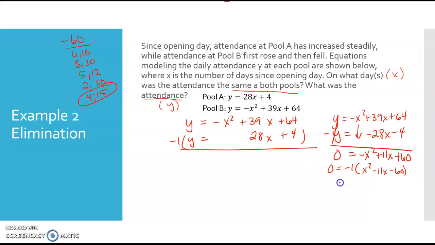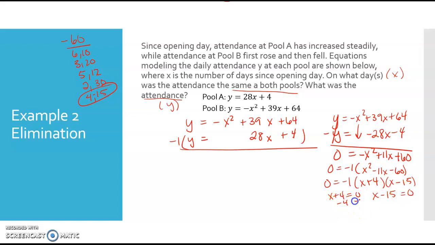Because it is a 1 in front, right now I still have that -1 times. When I put my two sets of parentheses here, I am going to make this x plus 4 and x minus 15. And then we just need to finish solving. So I'm going to set everything equal to 0. The -1 doesn't get us anything when I set it equal to 0, but x plus 4 equals 0 and x minus 15 equals 0.